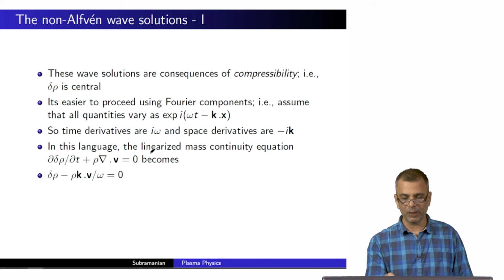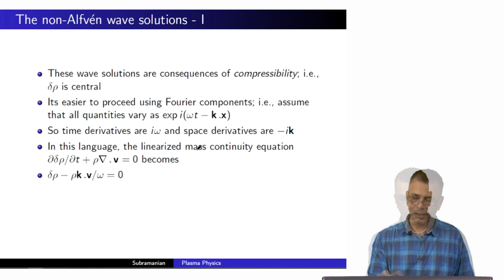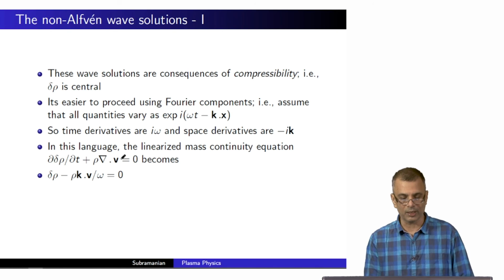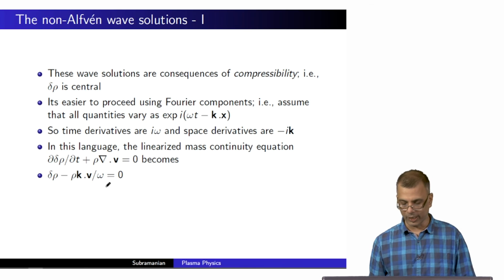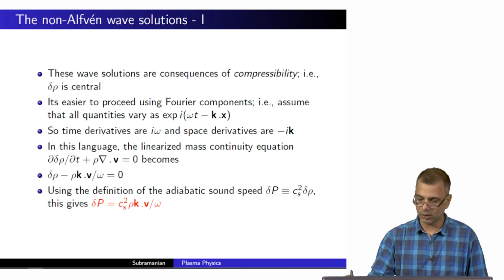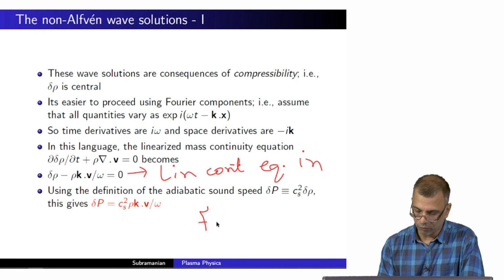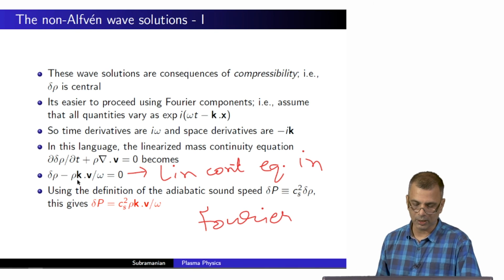The d over dt became an i omega, and the divergence of v became an ik times v. That is it. So this is really the linearized mass continuity equation in Fourier language.